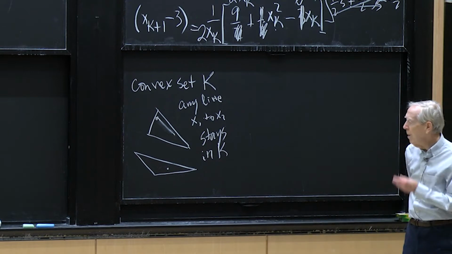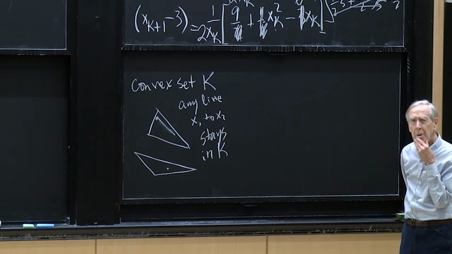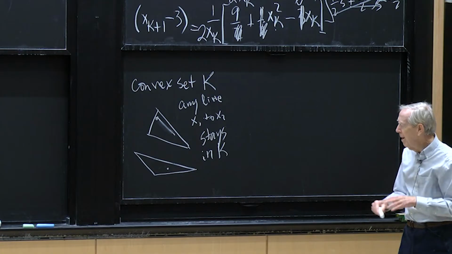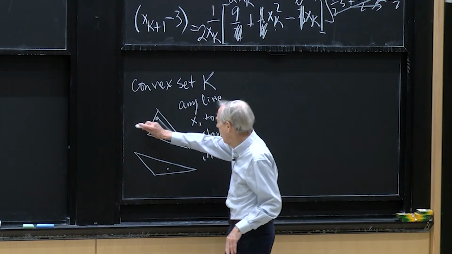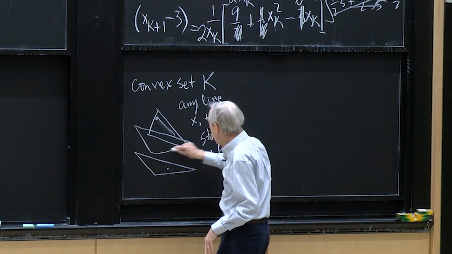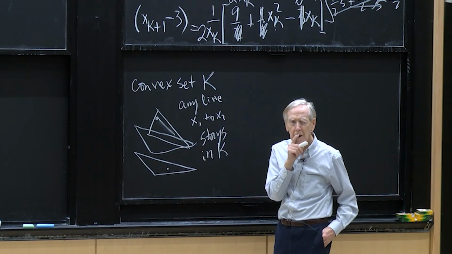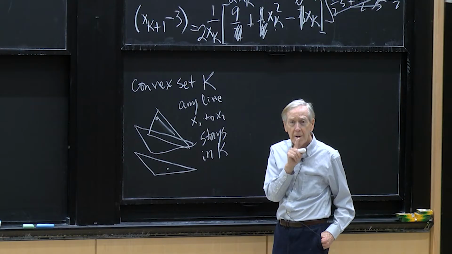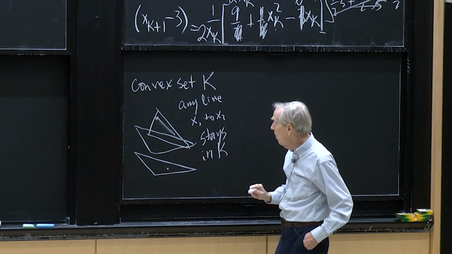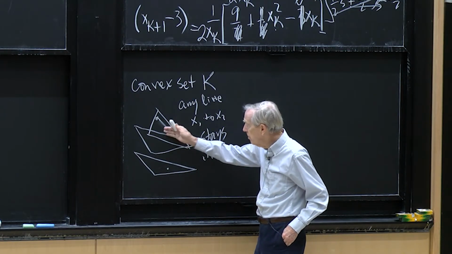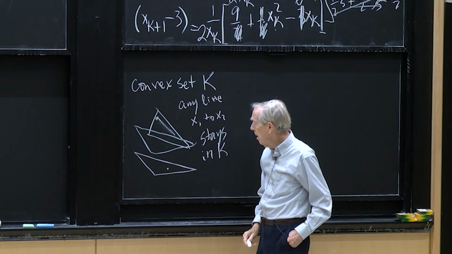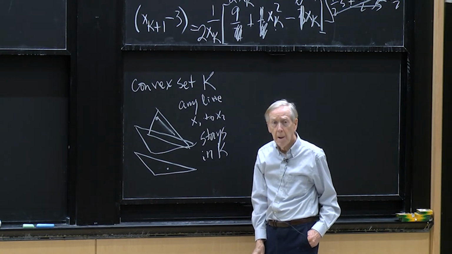All right. But what if that lower triangle overlaps the upper triangle? Is that a convex set? Everybody's right, saying no. How do I see that the union of those two triangles is not a convex set?